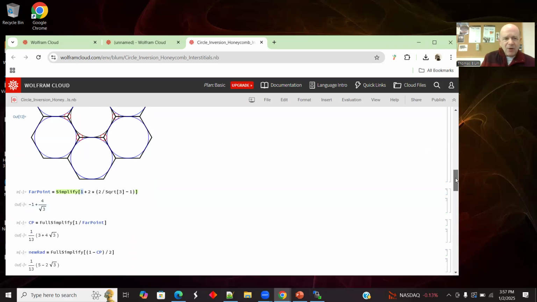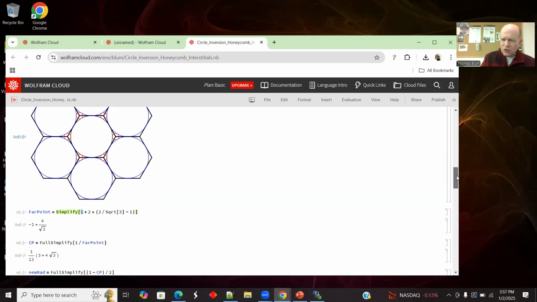Okay. Now I want to do the circle inversion game. So where is that point inverted, if I do circle inversion? You take, say, 2 points along a radius, and you want their product to be 1 if you're inverting around a unit circle, which I am.